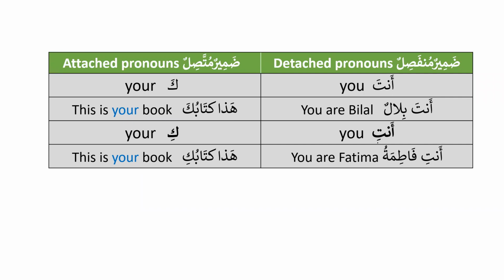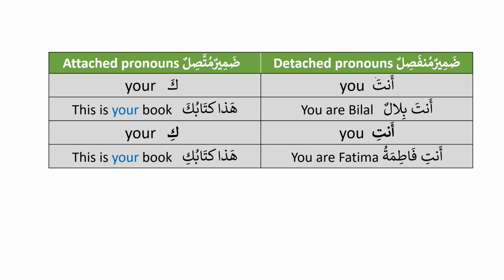What changed here is that it was fatha, and now for the feminine we have kasra. So we have anti, you, and similarly the attached pronoun will be ki. It will also take kasra. You and your. For example, we say anti Fatimatu, you are Fatima, and hadha kitabuki, this is your book. The only difference is just the vowel sign.